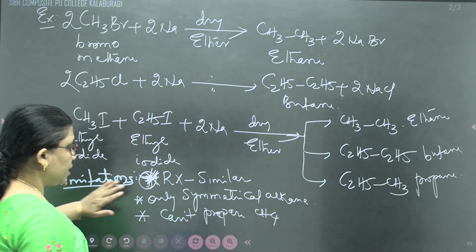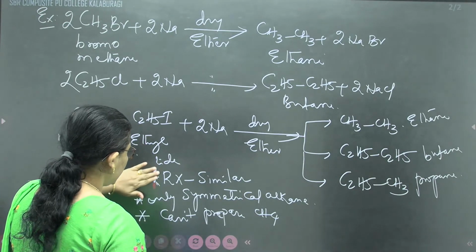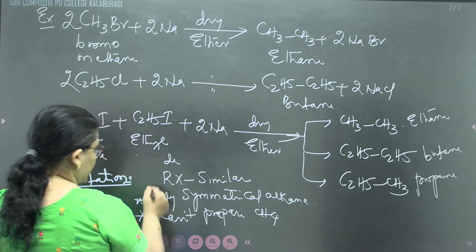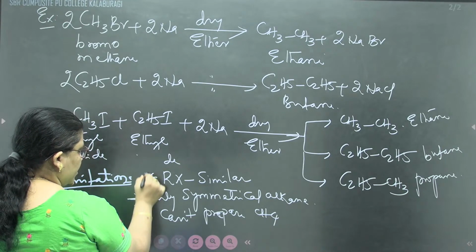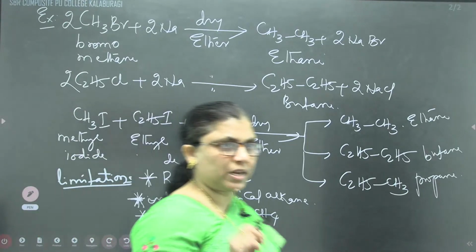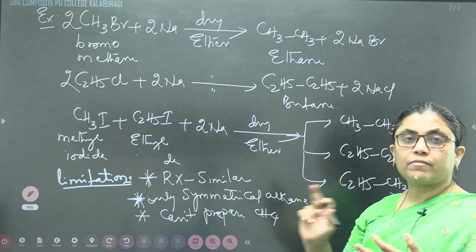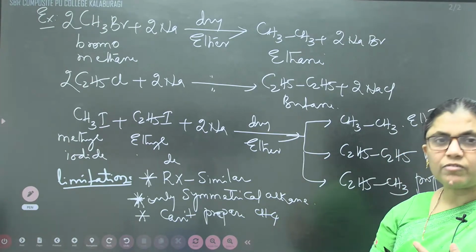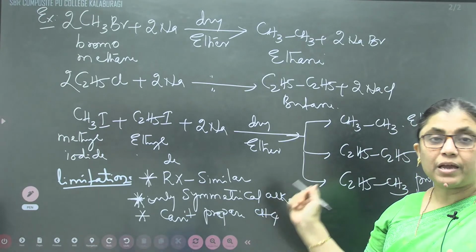Whenever we are dealing with this, always you can see that this is also a star mark. All this will be like the important note I have made here. So whenever the Wurtz reaction takes place, alkyl halide is treated with sodium metal in presence of dry ether to produce higher alkane.